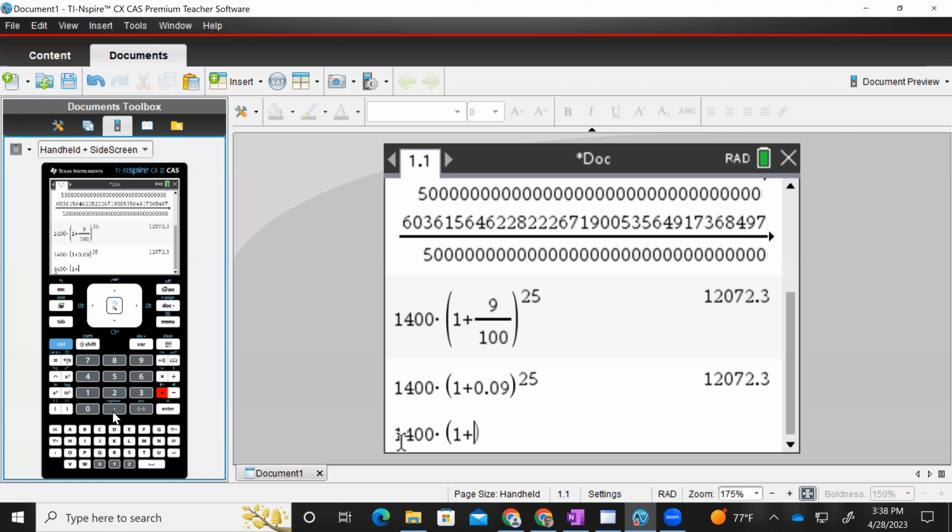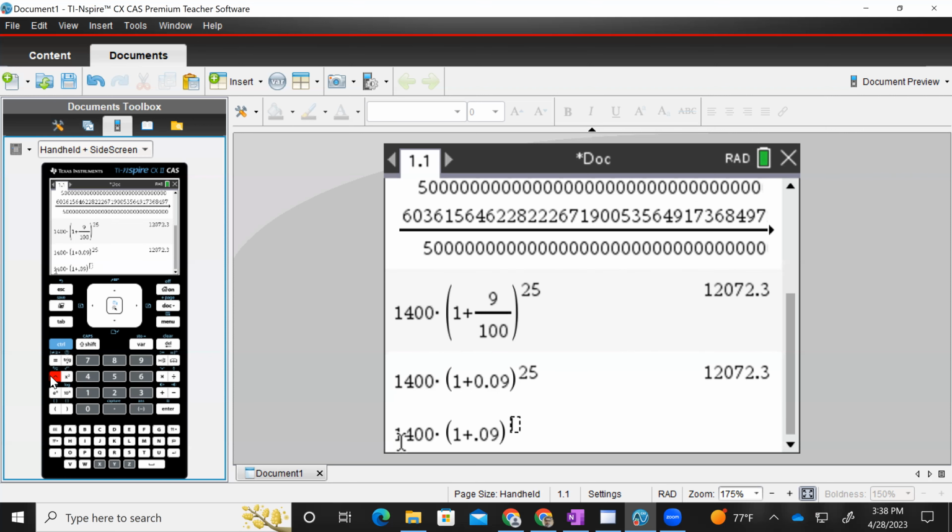I can put the 0.09 over there. And then outside the parentheses, I will bring in the value of t, using this at sign, the exponent key, raised to power 25.